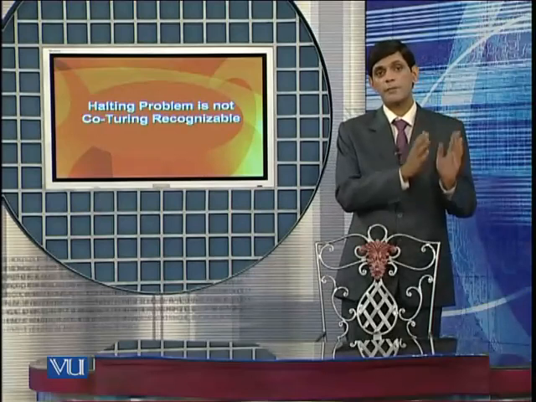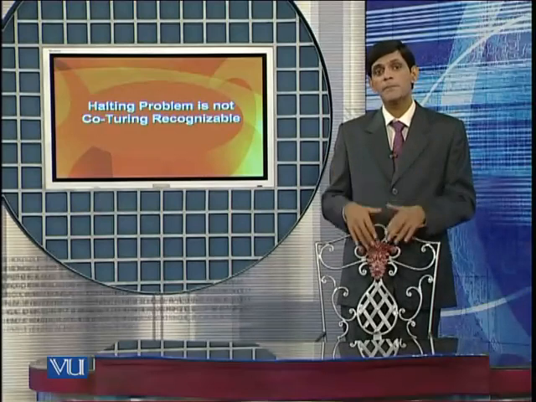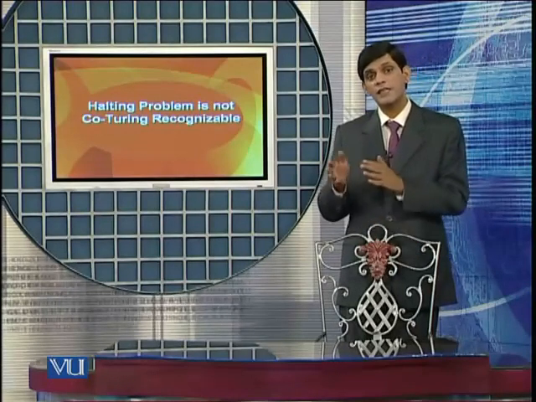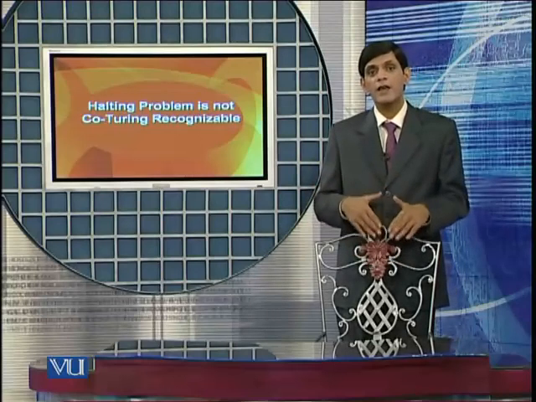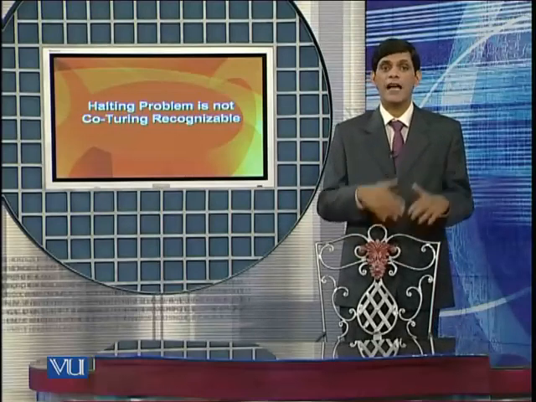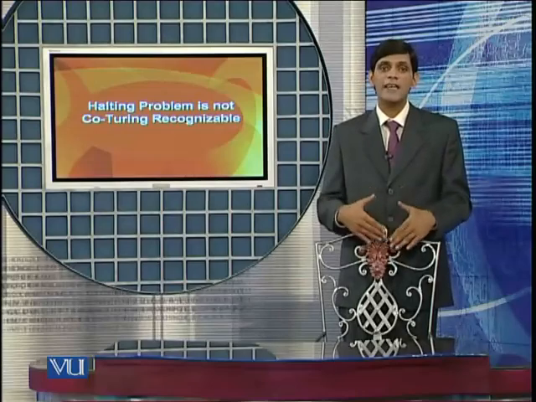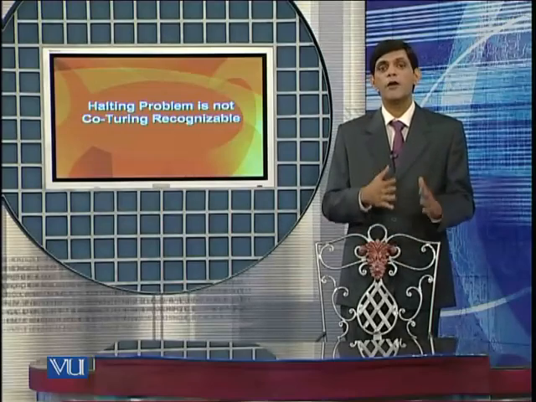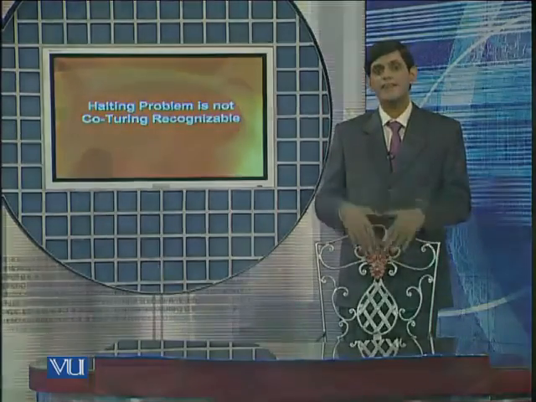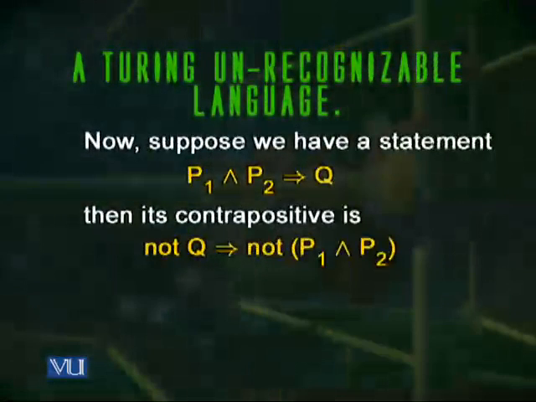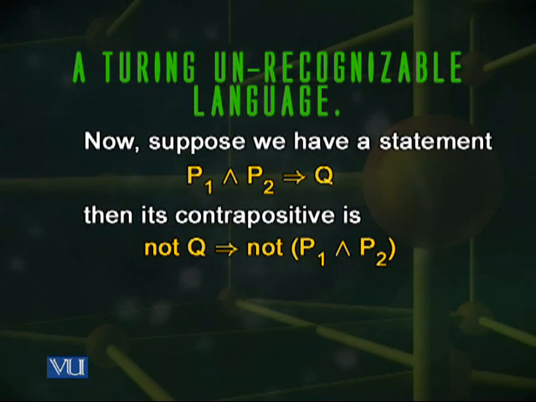If we know that some premise implies a conclusion and somehow we find out that the conclusion is not true, then we say that the premise must have been violated. So let's take the contrapositive of theorem 4.16 and see that we get our new theorem. Now suppose we have a statement of the form P1 and P2 implies a given conclusion Q. Then what would be its contrapositive?